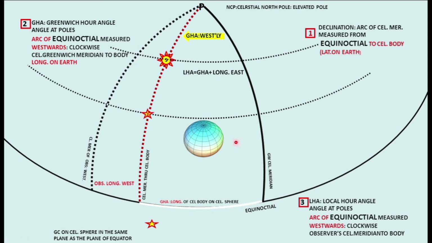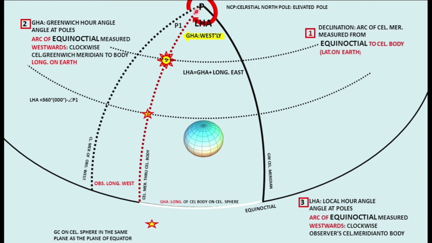Now let's have an observer on the west longitude. LHA, or the GHA, whatever, all the angles are measured clockwise. So LHA for an observer on the western longitude would be going right round the poles and coming back here in the clockwise direction. Now we can see that LHA plus P1 would be 360. The total angle is 360.